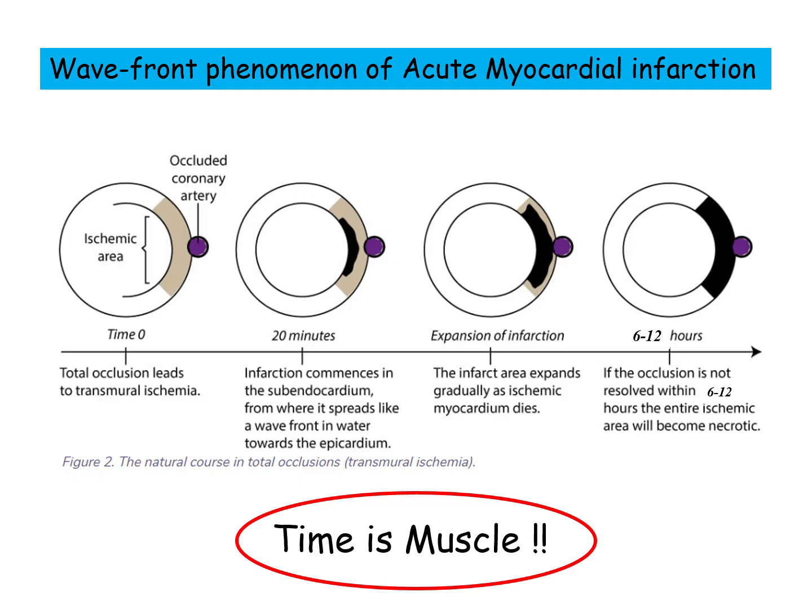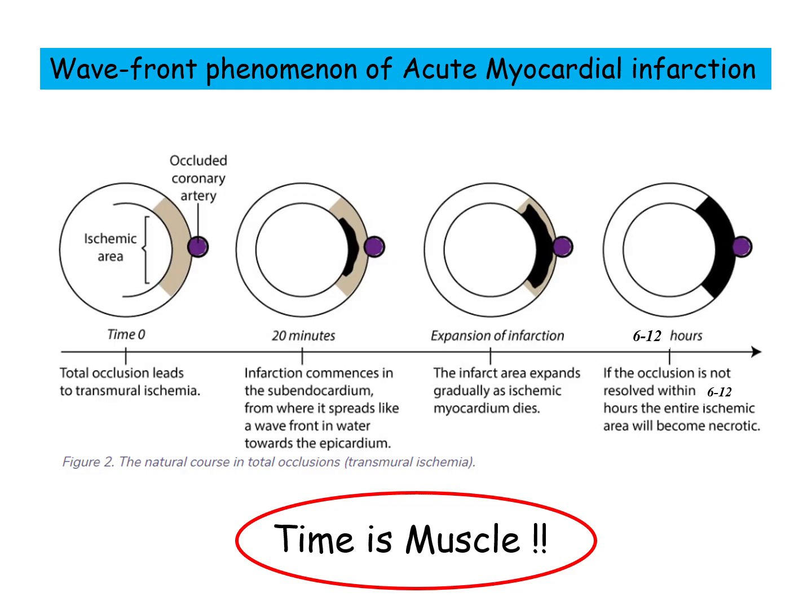As time goes on and as the artery remains occluded, you start seeing necrosis in the subendocardium that starts around 20 minutes after the occluded artery. If the artery remains occluded, the necrosis starts propagating from the subendocardium to the epicardium, and that usually takes around 6 to 12 hours before you have a complete transmural myocardial infarction.